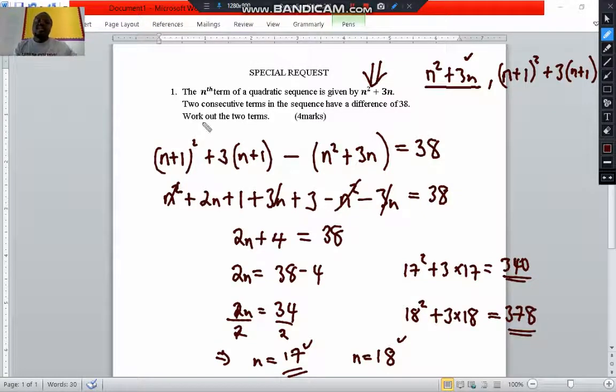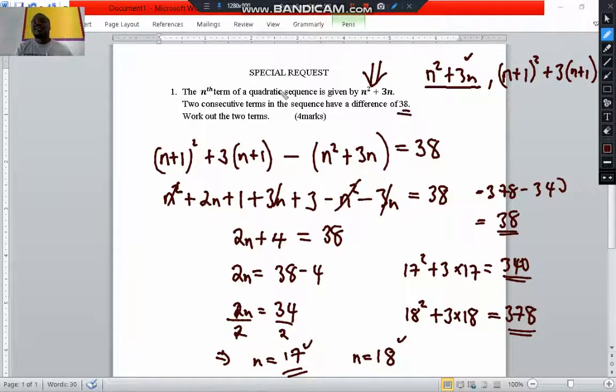The question says, work out the two terms. So the two terms are 340 and 378. If you want to prove that this is correct, we can subtract the two: 378 take away 340. You notice that the answer is 38, which is the value given here.